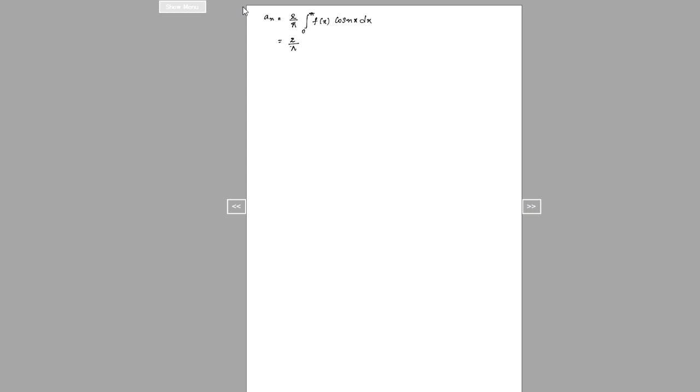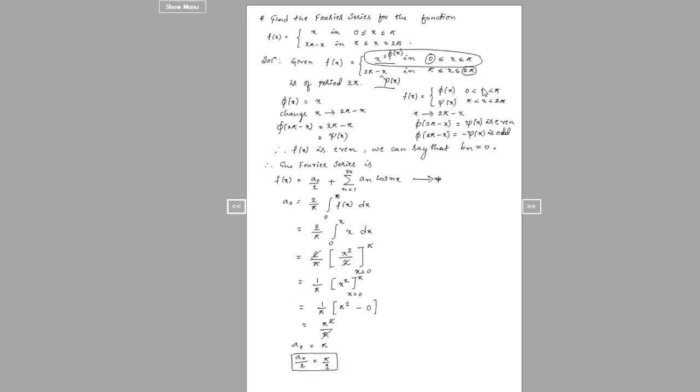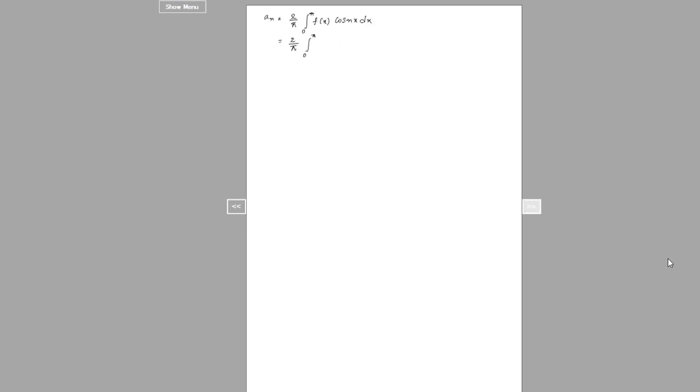In the interval 0 to pi, f of x is defined as x. So I will substitute the value of f of x as x: cos n x dx.